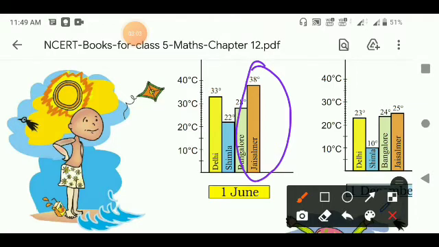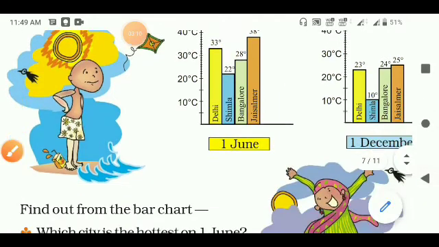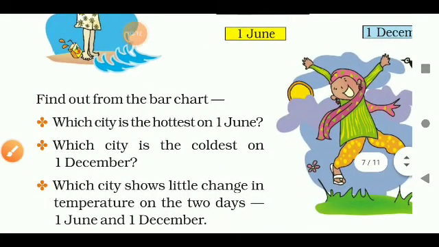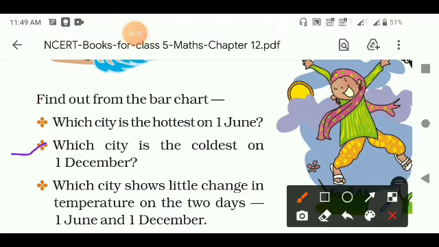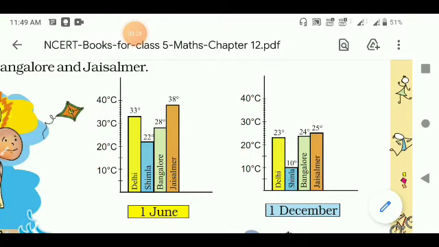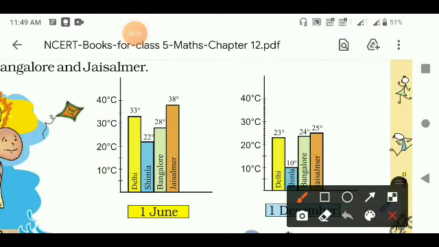So Jaisalmer is the hottest city on 1st June. Now the next one, which city is the coldest on 1st December? You can see here in the bar graph that Shimla has the lowest temperature, that is 10 degrees Celsius. So Shimla is the coldest city on 1st December.